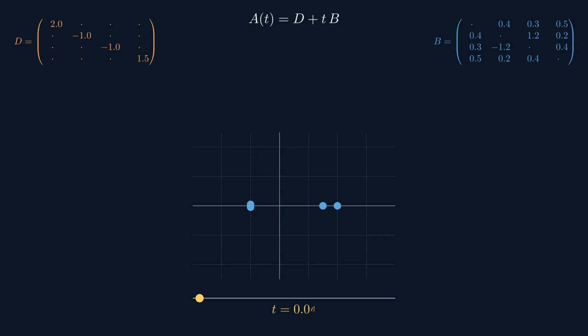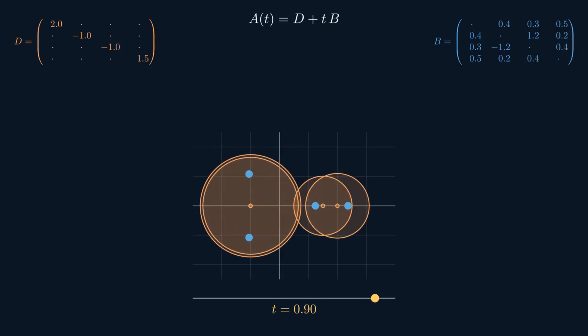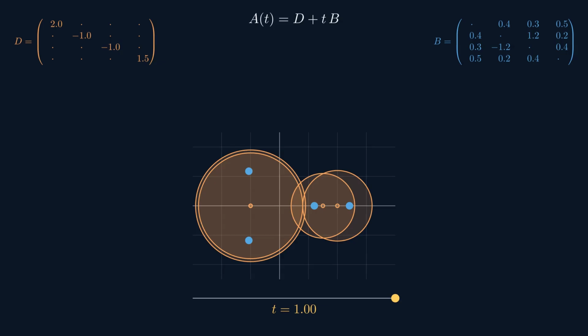As t grows, the disks bloom around the diagonal entries. Watch the two eigenvalues sitting at -1. They collide and then escape into the complex plane as a conjugate pair. They keep drifting as the perturbation grows. But watch, none of the eigenvalues, complex or real, ever leaves the union of disks. The cage adjusts with them. The cage adjusts, but it always holds. That's what every eigenvalue means.